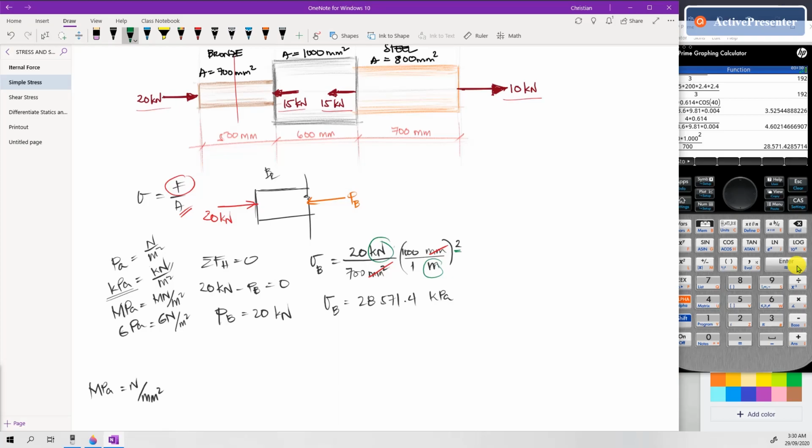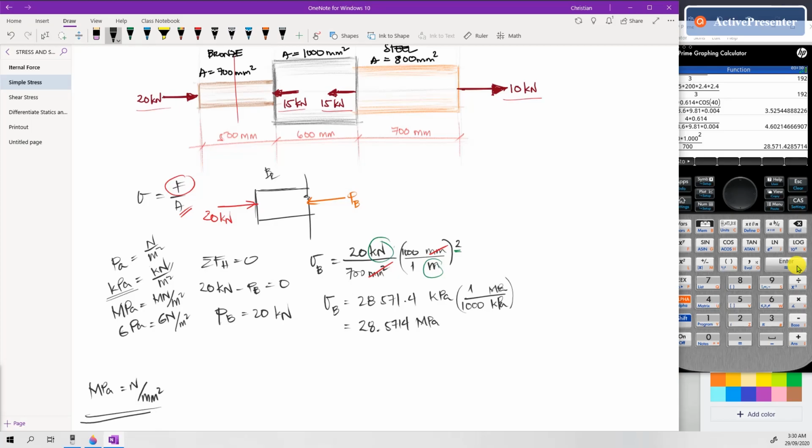So, this is also equivalent if i-convert natin siya sa megapascal. Lagay natin dito yung kilopascal. Then, for every 1 megapascal, we have 1,000 kilopascal. Okay? Then, makukuha natin yung 28.571 megapascal.